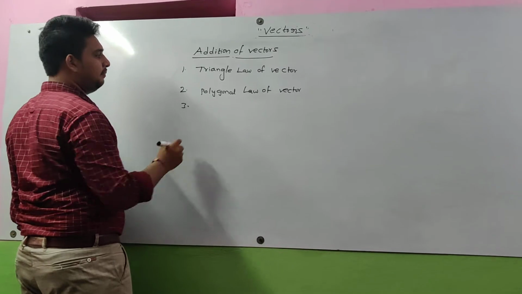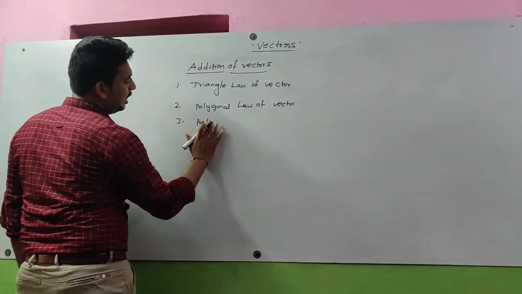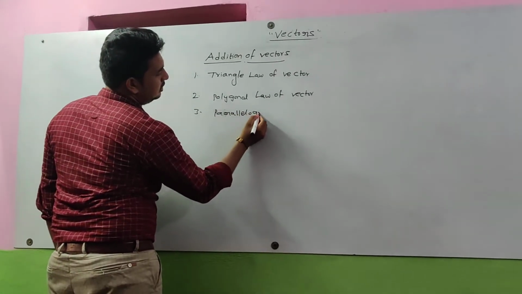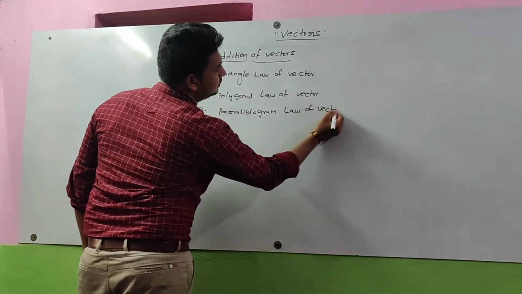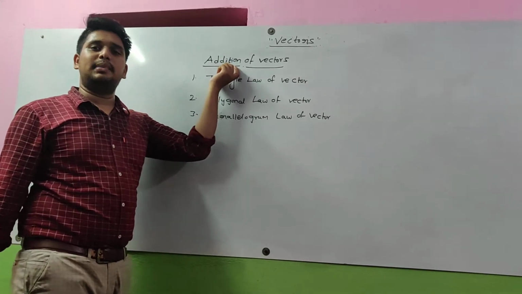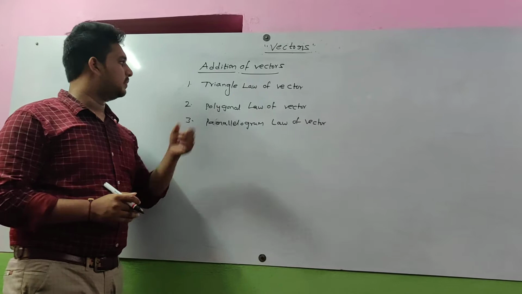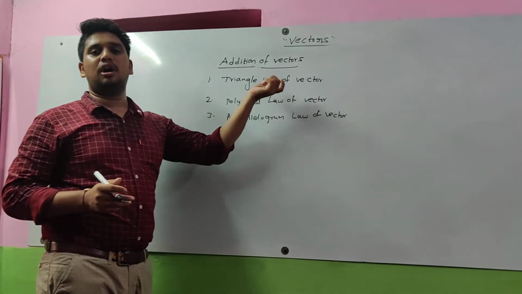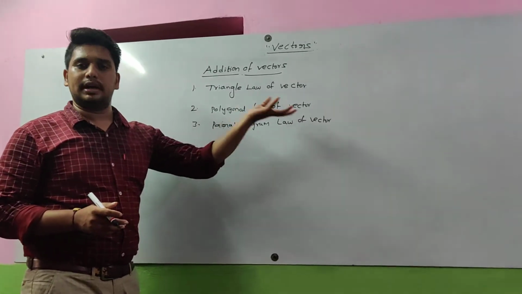Third one is the parallelogram law of vector. So mainly addition of vectors is explained by the three laws we have discussed.